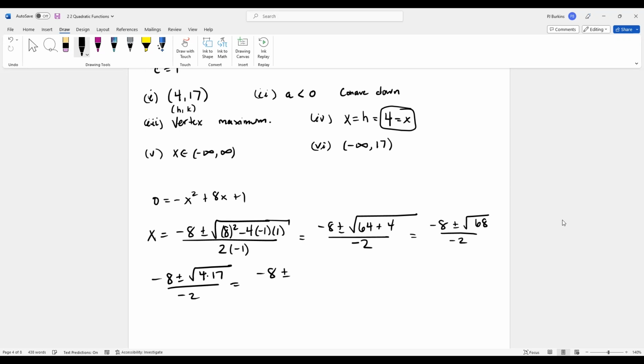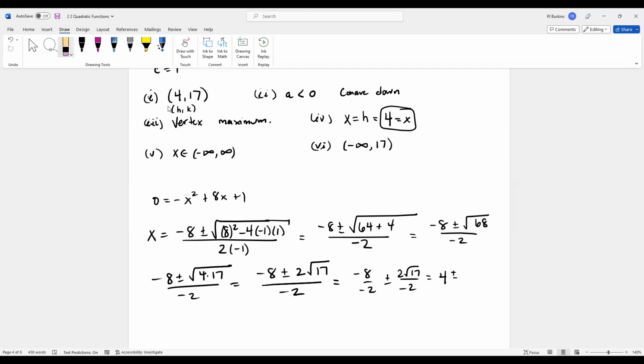You can bring out the square root of 4 as a 2. And then breaking this up into 2 parts, we have this. So -8 over -2 is 4. Then we have plus or minus, and then we have 2 divided by -2.